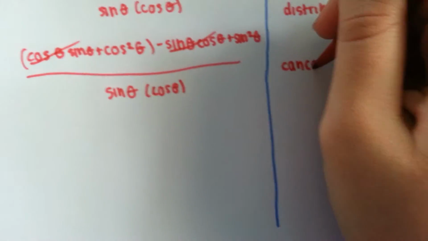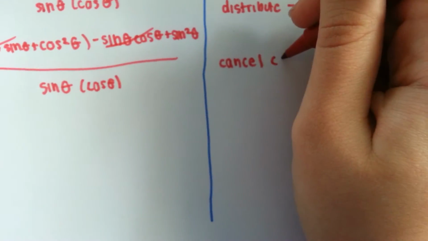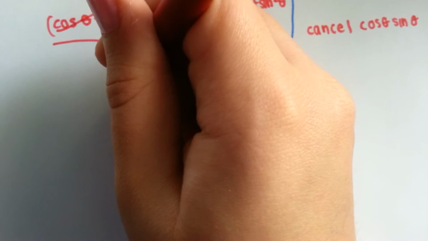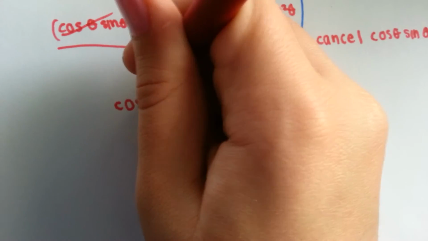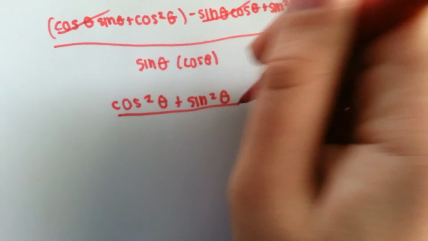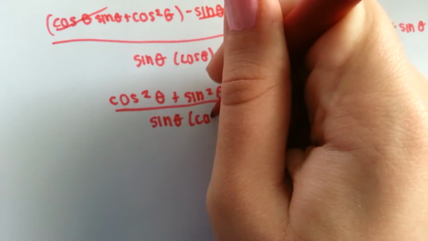So we cancel cosine times sine. So we're left with cosine squared theta plus sine squared of theta, all over sine times cosine of theta.